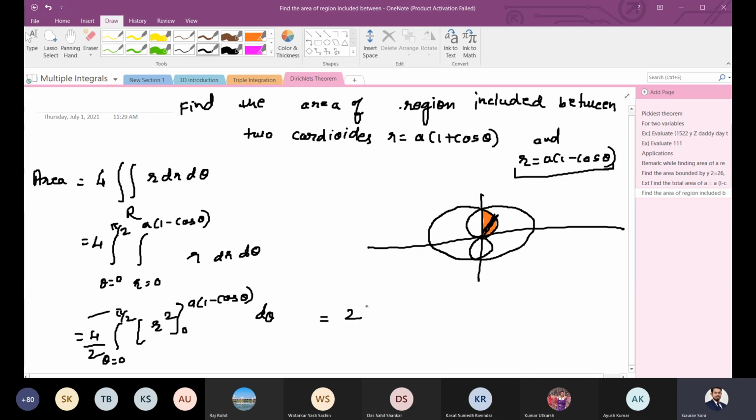So this is 2 times integral 0 to pi by 2, a square (1 minus cos theta) whole square d theta. So this is 2a square.